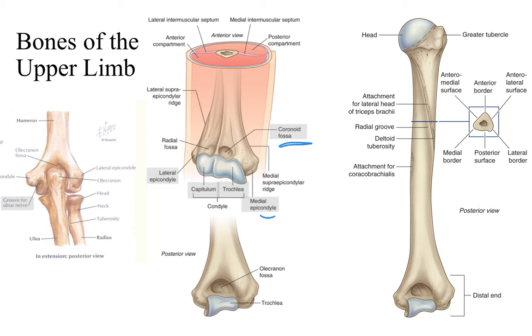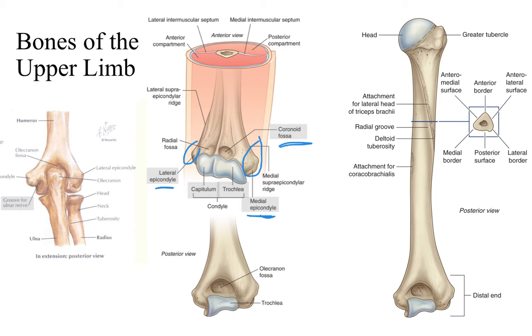But on the distal end, you have on either lateral side a large bump and a small bump. The large bump is called our medial epicondyle. The small bump is our lateral epicondyle. And you can feel these bumps on either side of your elbow, the medial one being much larger and the lateral one being much smaller.